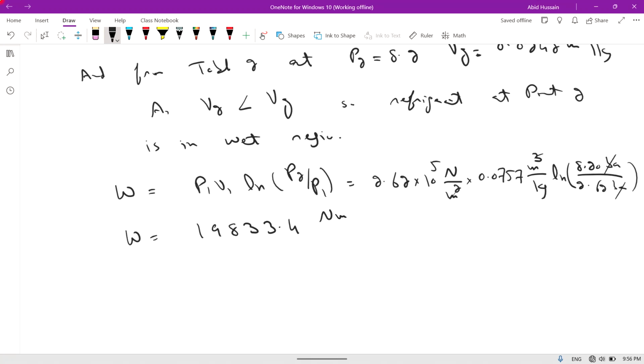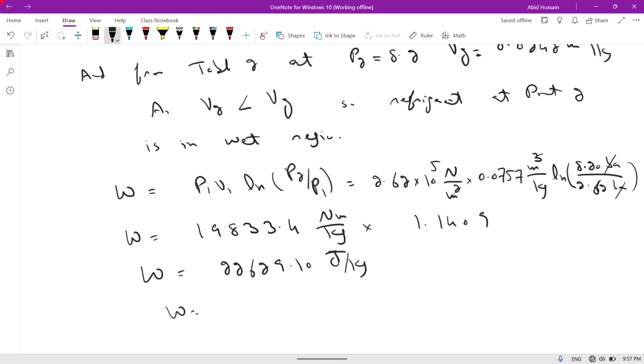Newton meter per kg multiplied by natural log of 8.2 divided by 2.62, which is equal to 1.1409. So W is equal to, multiplying these two values, 22629.10 Newton meter, which is joule per kg. We convert joule into kilojoule, so divide by 10 power 3.